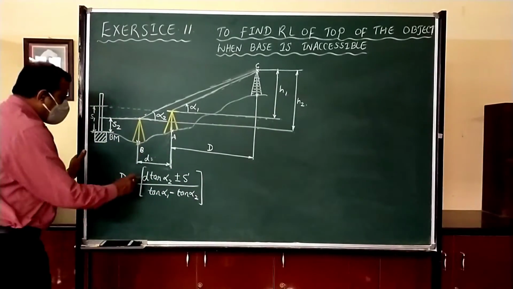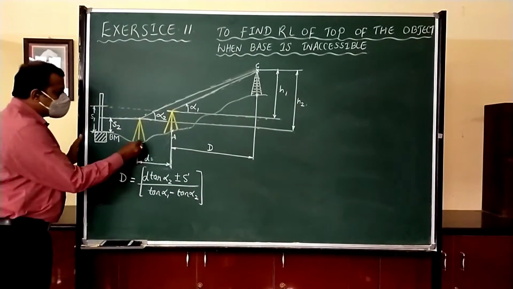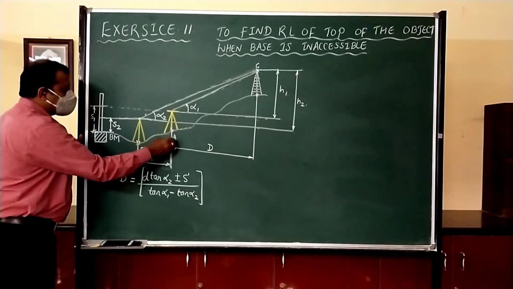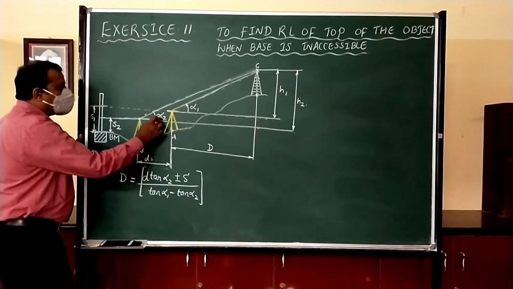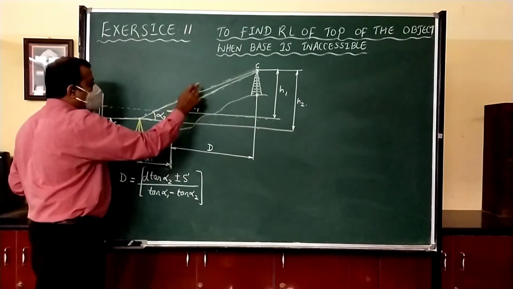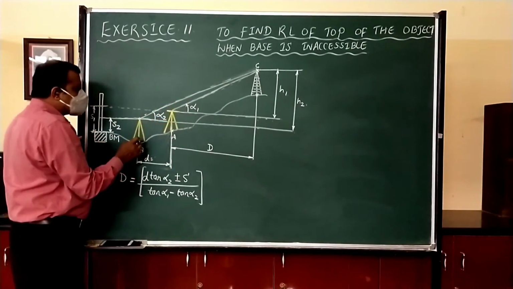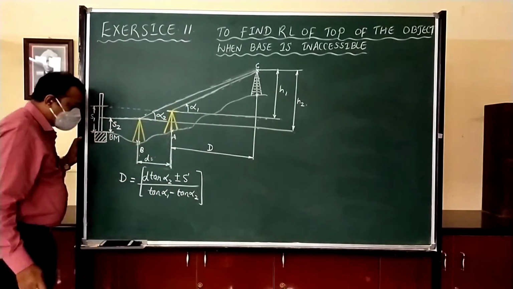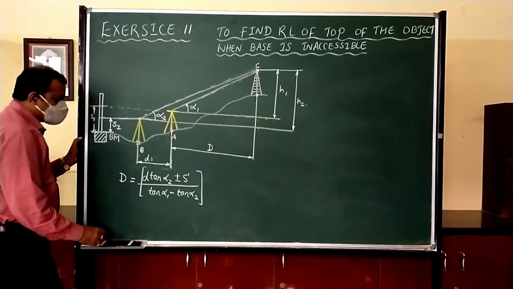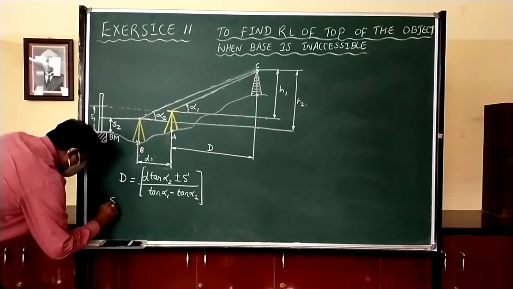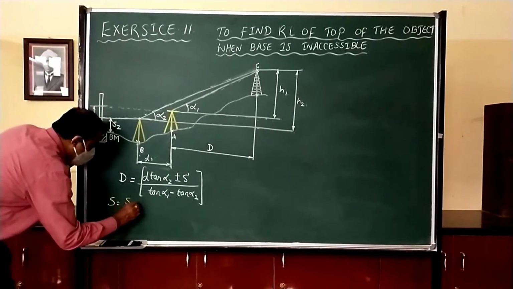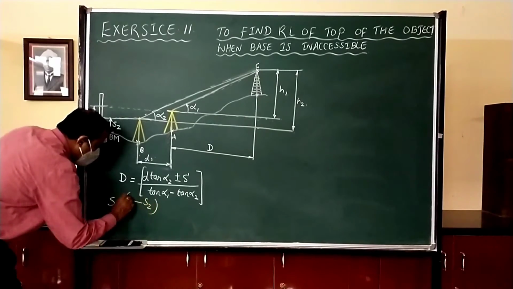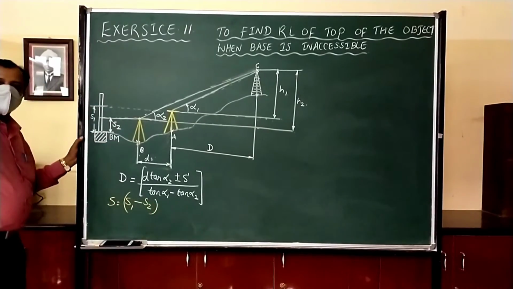What is small d? It is the distance between the two stations A and B. Alpha 1 and alpha 2 are the angles of elevation from station A and station B towards station C. And what about S? S is the difference between the staff readings, S1 minus S2.